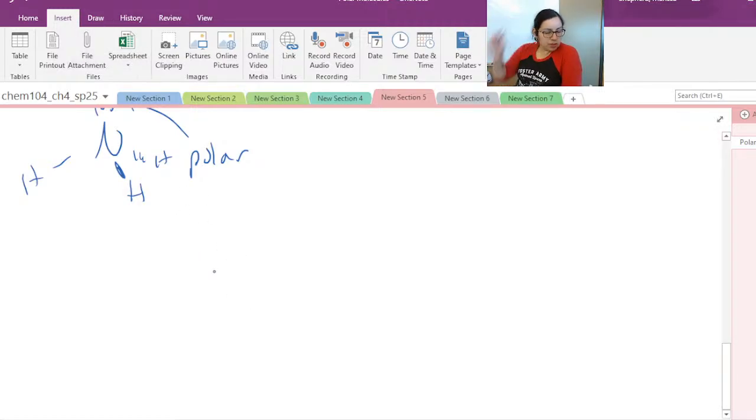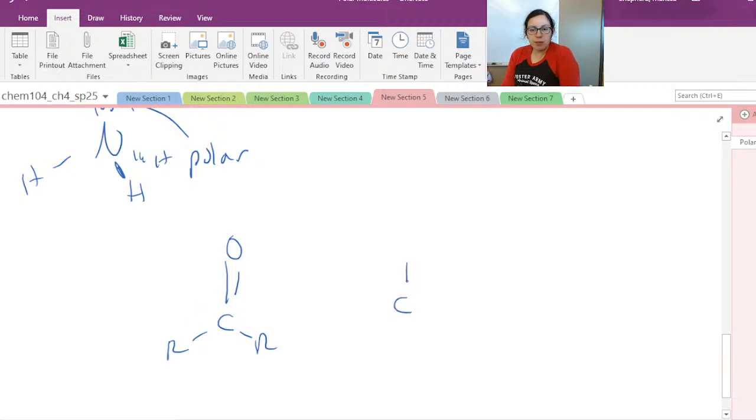Again, we're looking for asymmetry. Any carbon double bonded to oxygen is also generally polar. Let me give a more explicit example, like acetone. This is acetone, but you could have any carbon chains or whatever.